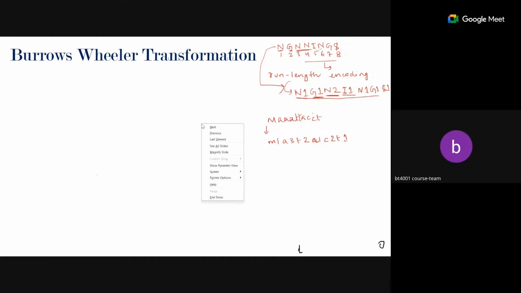Now we'll go to the Burrows-Wheeler transformation. Similar to suffix arrays, what you have to do is sort every possible string from this.